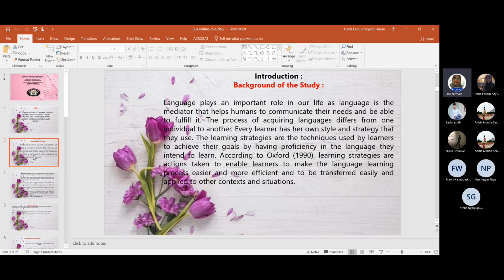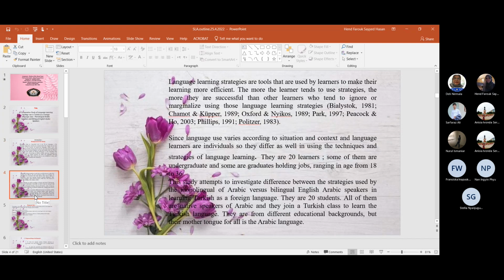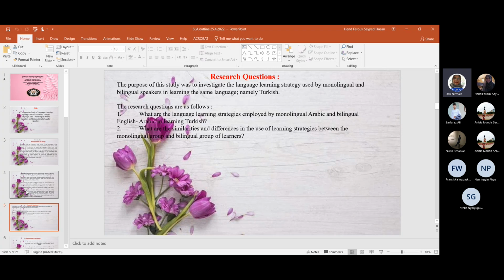Please give questions or suggestions. After the presentation, Han can develop the idea in this PowerPoint into a good article. And then, in terms of format, you have to check the journal that you are going to submit your paper to, so you can follow the organization and format of the paper submitted to the journal.